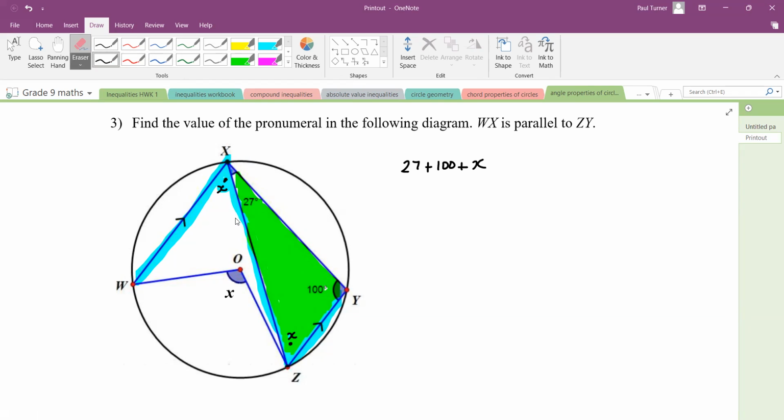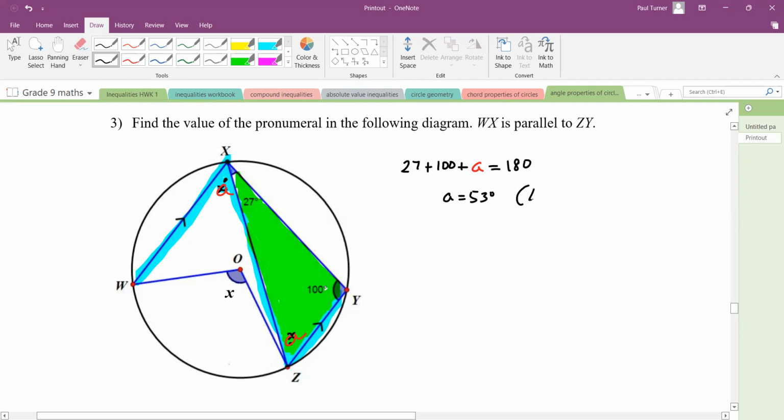I guess I should have called that another letter, shouldn't I? So let's call that A plus A. So we'll change it to A equals 180. Okay, so add those angles up, you'll get A being 53 degrees.